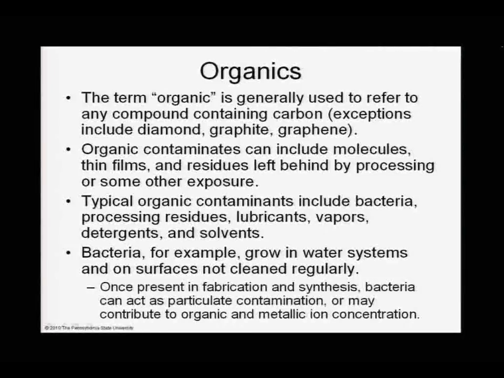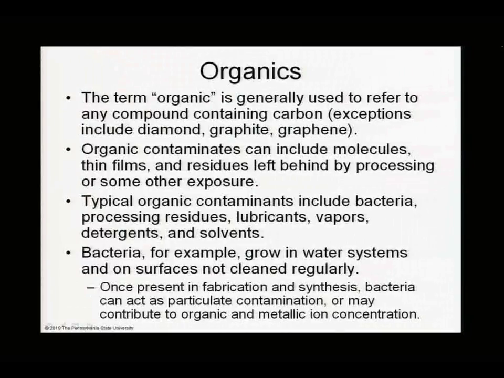Typical organic contaminants, well, obviously bacteria, if there are dead bacteria cells or any kind of bacterial cells, processing residues, lubricants, vapors, detergents, solvents, virus molecules. These are typical examples of organic contaminants. So bacteria, for example, I mentioned their possible presence in DI water systems.